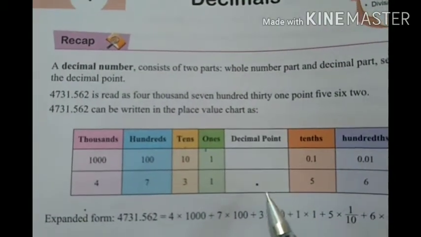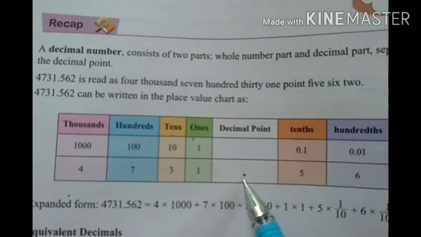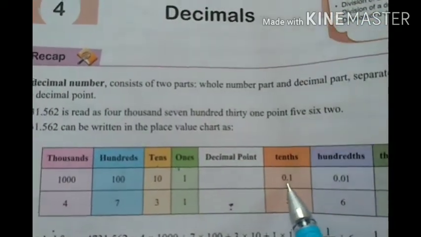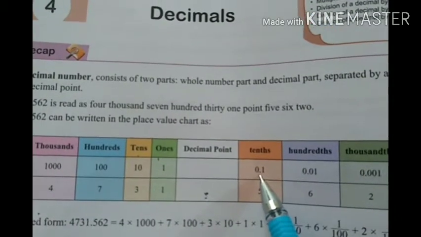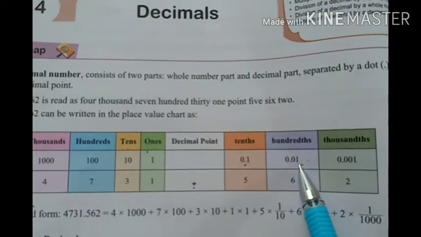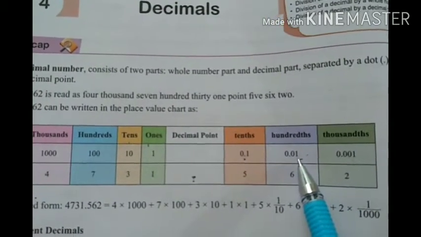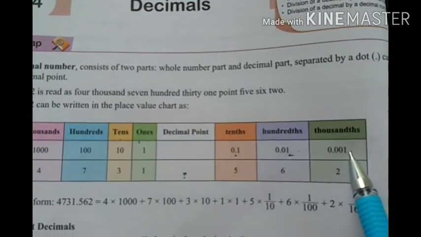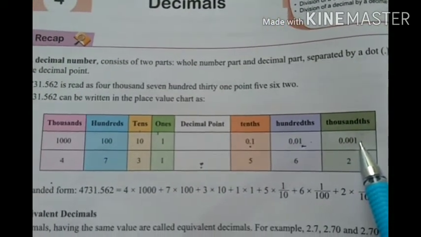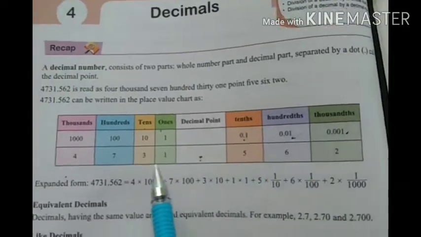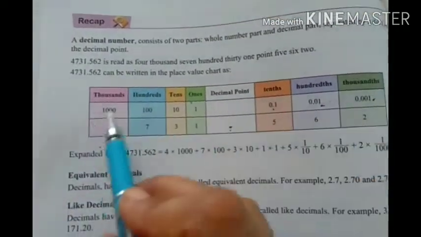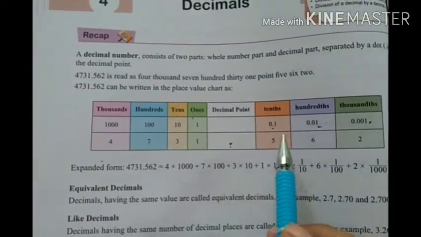Now after the decimal point, the digit at the first place is called 1/10, the digit at the second place is called 100th, and the digit at the third place is called 1000th. In this way we write the decimal number in this table.